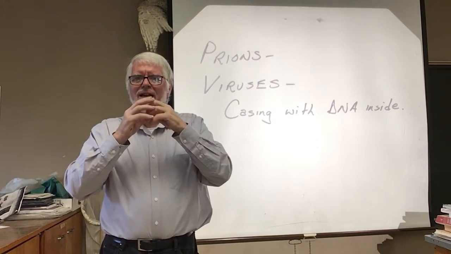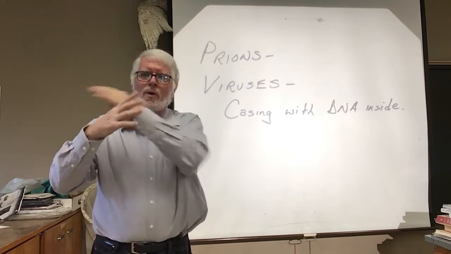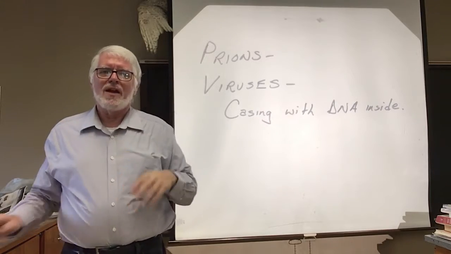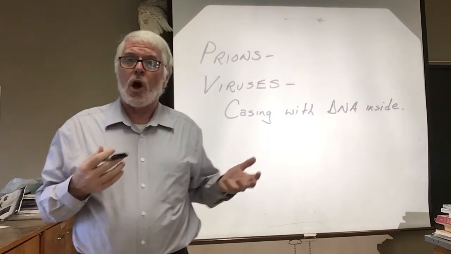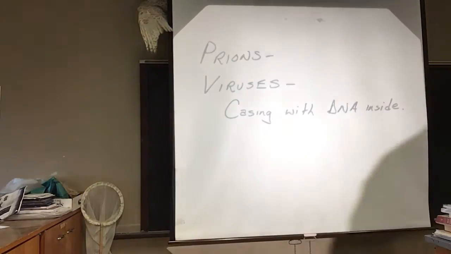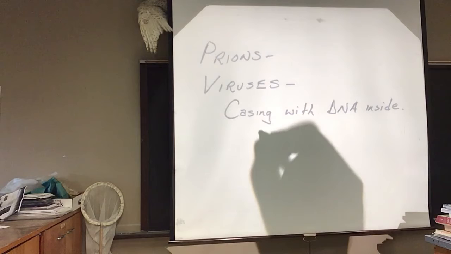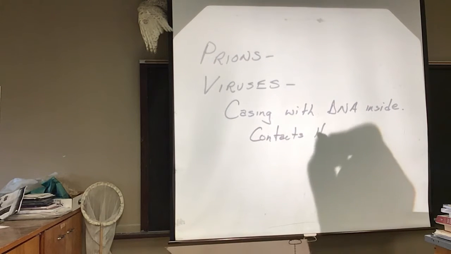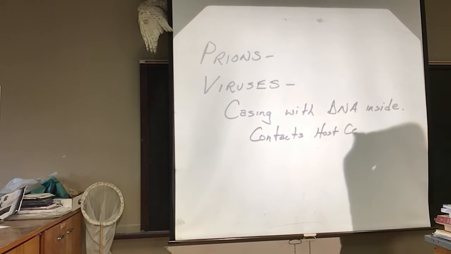A lot of times the virus opens up a hole and the DNA goes through, and if there's something with the DNA, it goes in also. Because really, it's the code that needs to get in there. So these things live in cells.